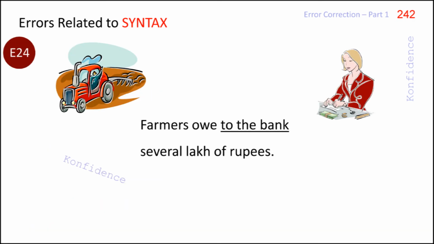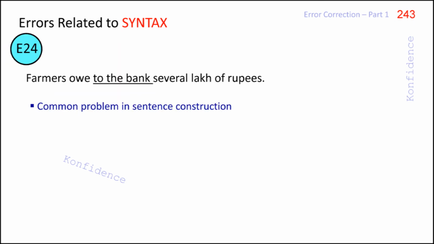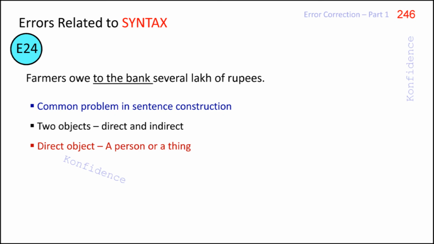Look at this sentence given in the slide. This sentence shows a common problem that occurs when we construct sentences having two objects, the direct and the indirect. The direct object can be a person or a thing and is the first receiver of the action.